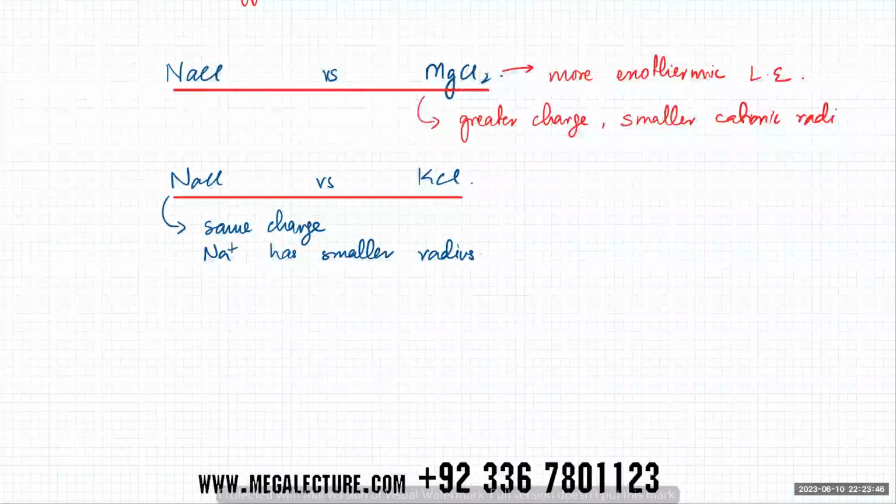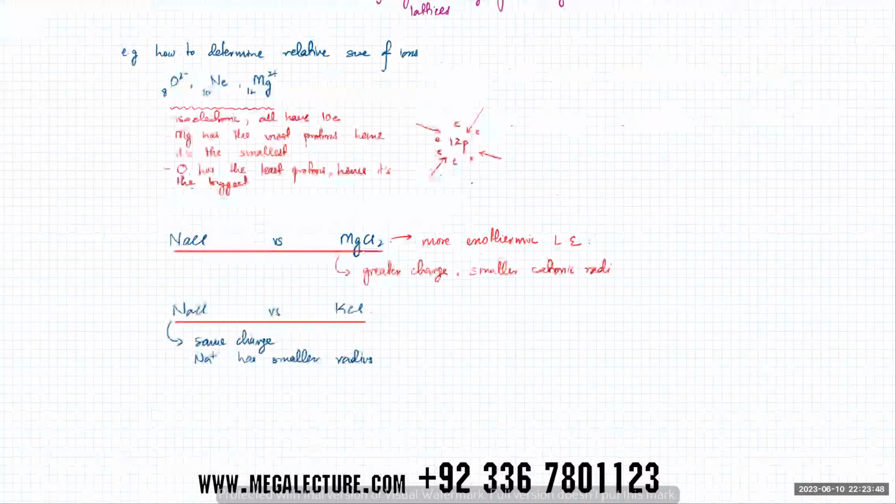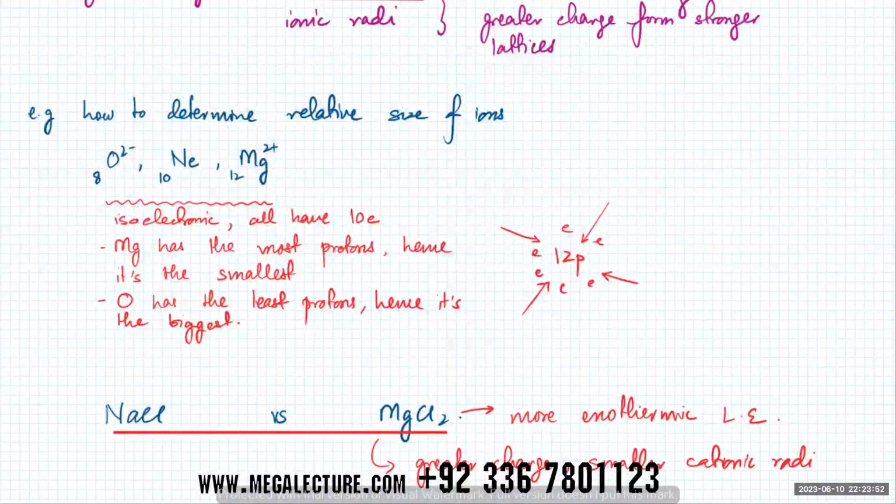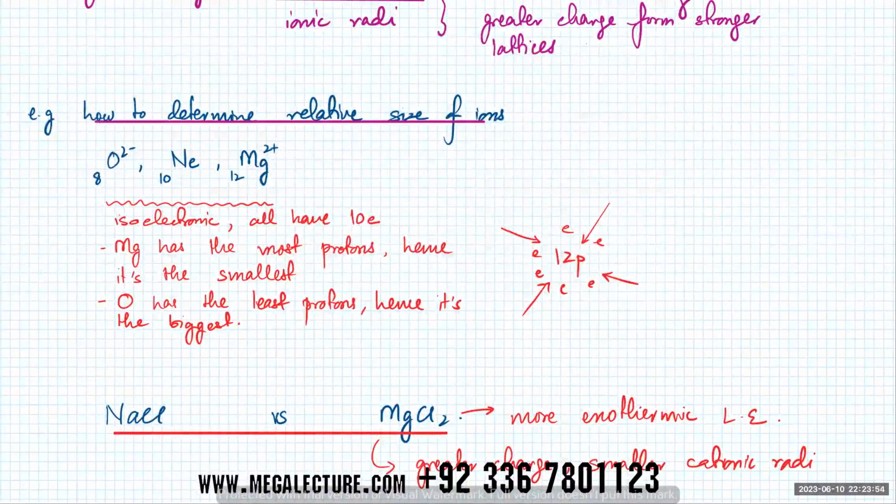You're moving down the group, right? So I'll add over here that when you move down the group, the ionic radius increases.